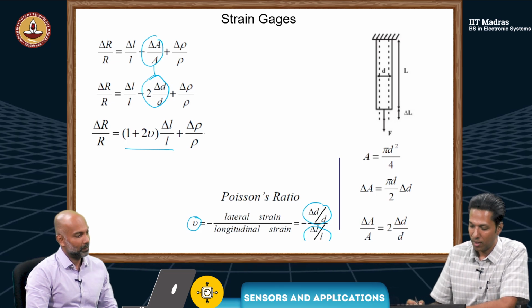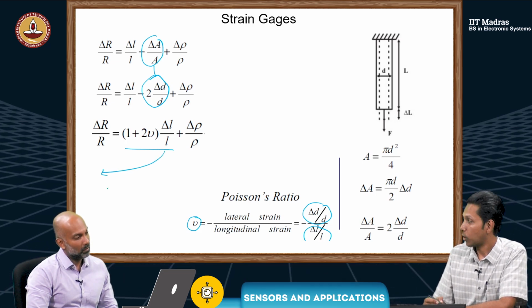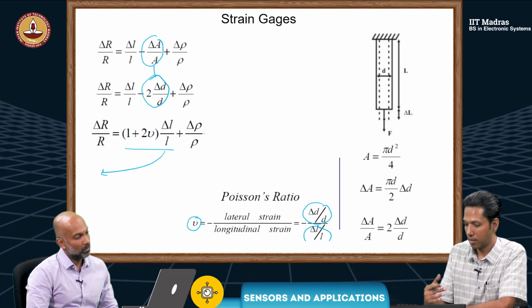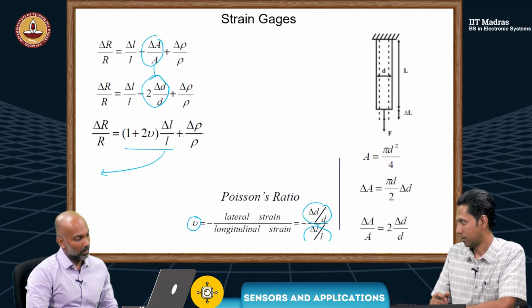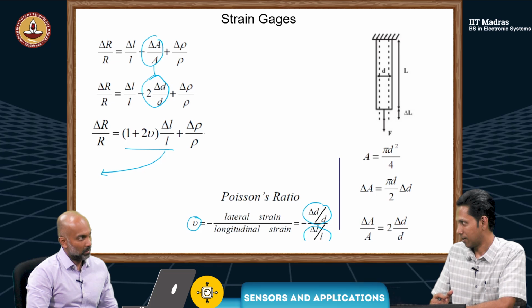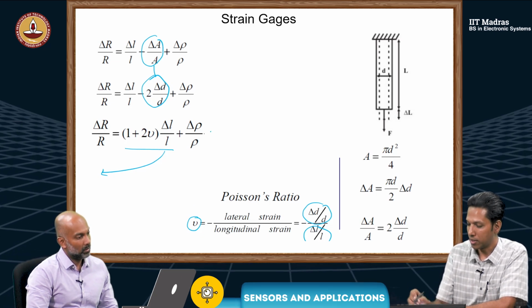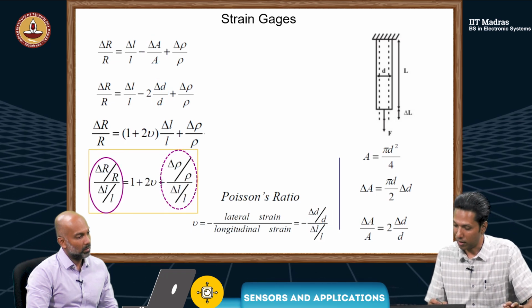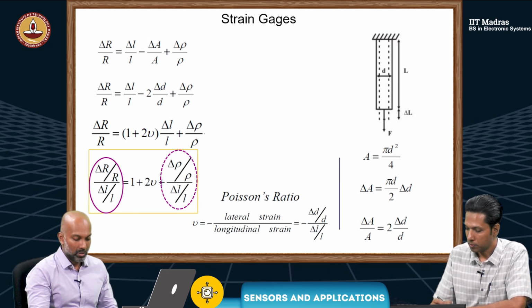Okay. So now I can bring delta L by L to this side. So I get delta R by R, the relative change in R, divided by the relative change in length, which is the strain, is 1 plus 2 times Poisson's ratio plus delta rho by rho divided by delta L by L. So this is the resistance change?